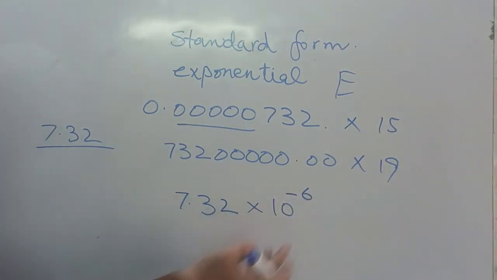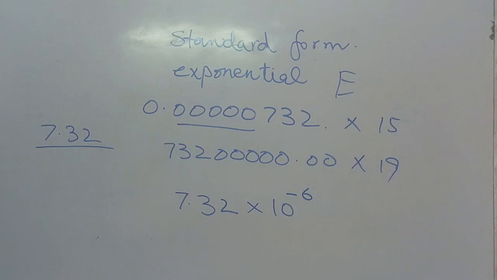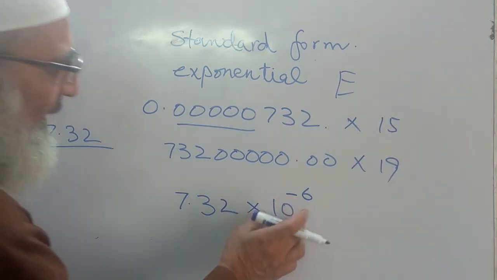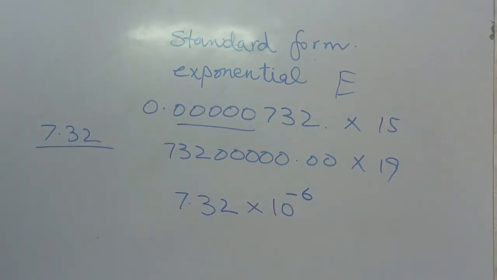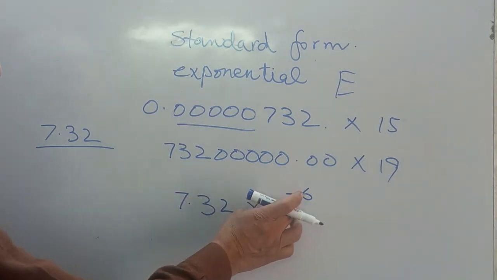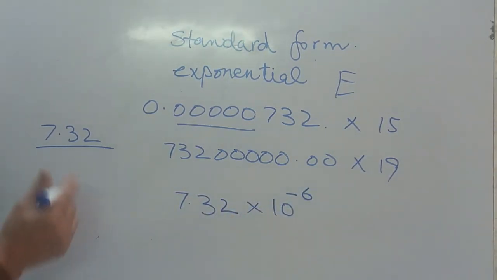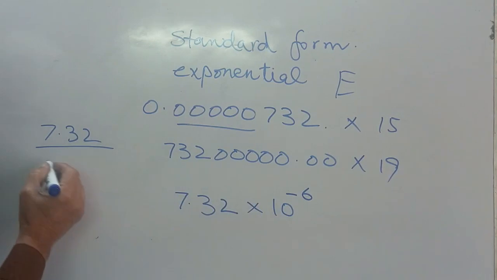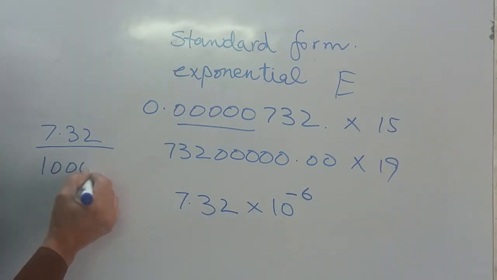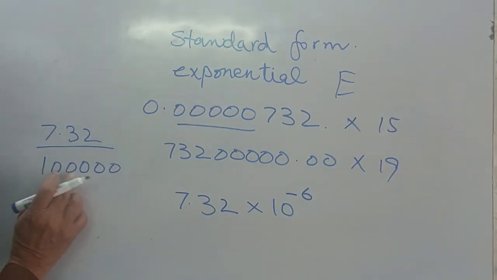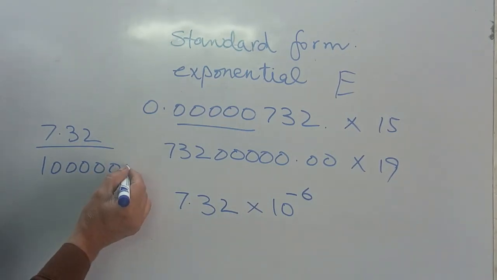I have already told you in some lecture that if the minus is written over here, you can easily take it to the denominator. So it is 1 with 6 zeros: 1, 2, 3, 4, 5 and 6 zeros.